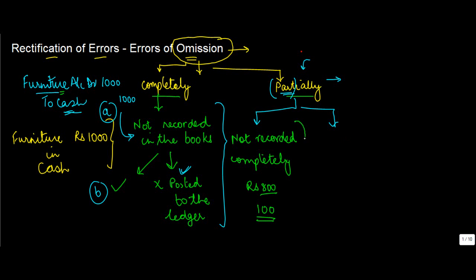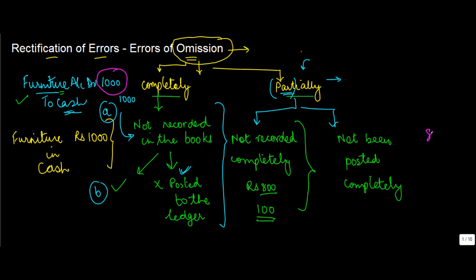Or it could be that you have recorded it completely, but it has not been posted completely. So let's say instead of debiting the furniture account by 1,000, you did it by 800. The debit to the furniture account went by 800 and to cash by 1,000.